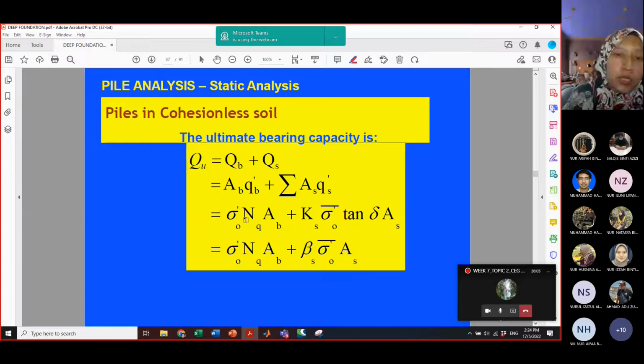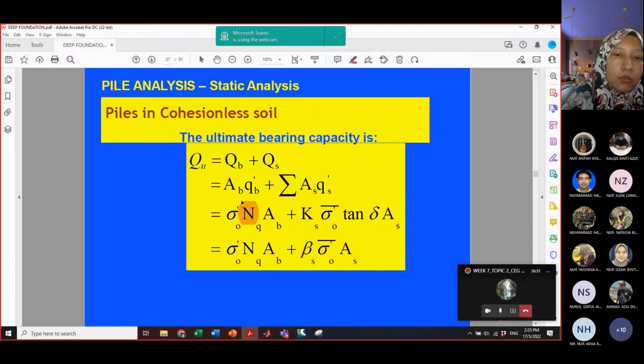what we call the major differences between pile in clay and also pile in sand at the QB. For end bearing capacity, if we have sand, here it is NQ. So we will use NQ. So that is the difference. Somehow when you have clay, it is not NQ, it is NC.